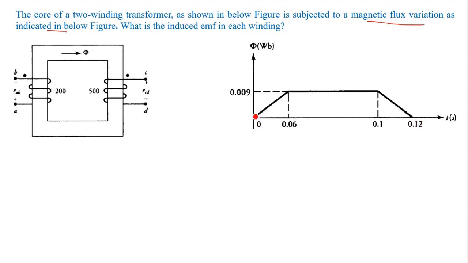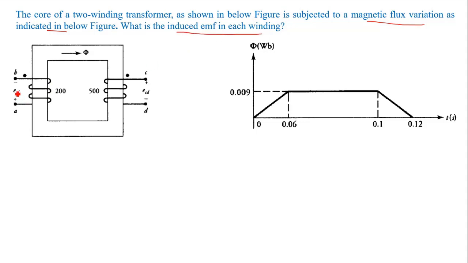The flux is increasing linearly from 0 to 0.06, then it remains constant from 0.06 to 0.1. Then again it is linearly decreasing from 0.1 to 0.12 second, right? Now we need to find the induced EMF in each winding.